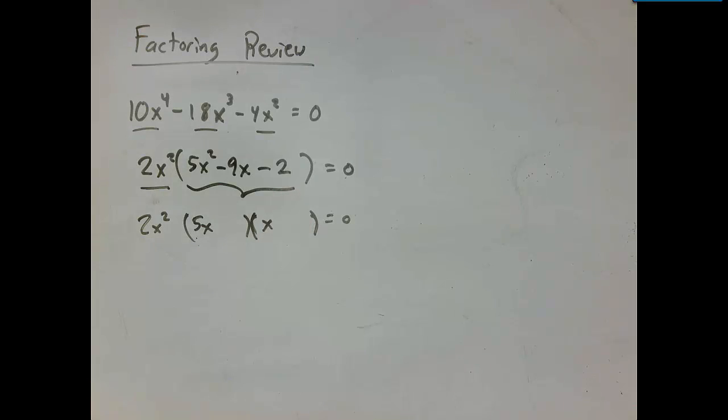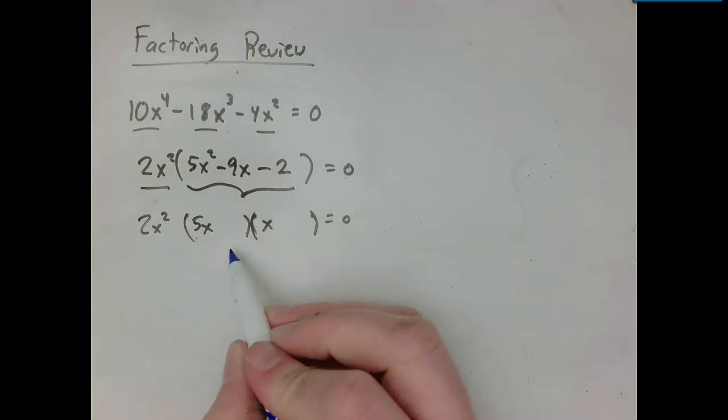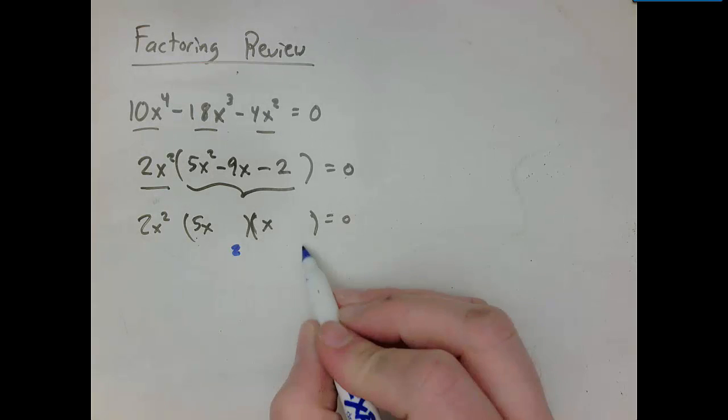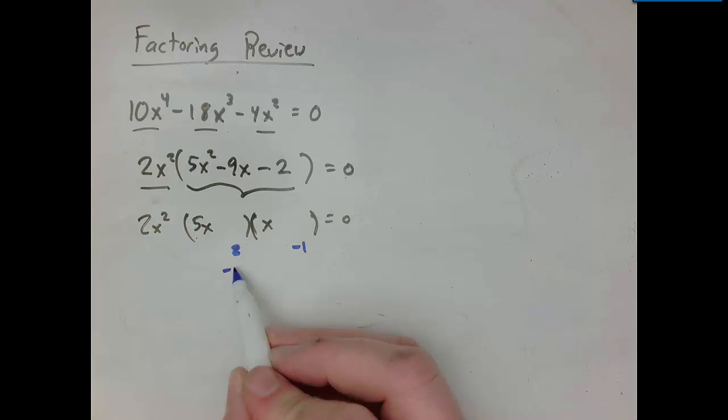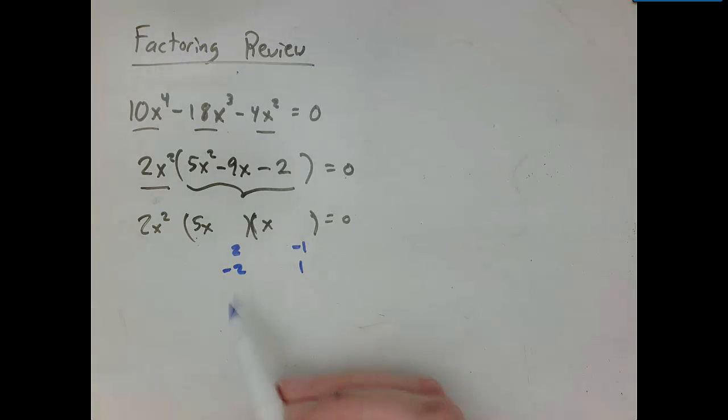So the only two possibilities are really 2 and negative 1, negative 2 and positive 1. What am I missing? Negative 1, positive 2, or 1, negative 2. Does that make sense? Right, because I know one of those has to be negative so that the multiplication ends up negative. And I just wrote out all the possibilities.